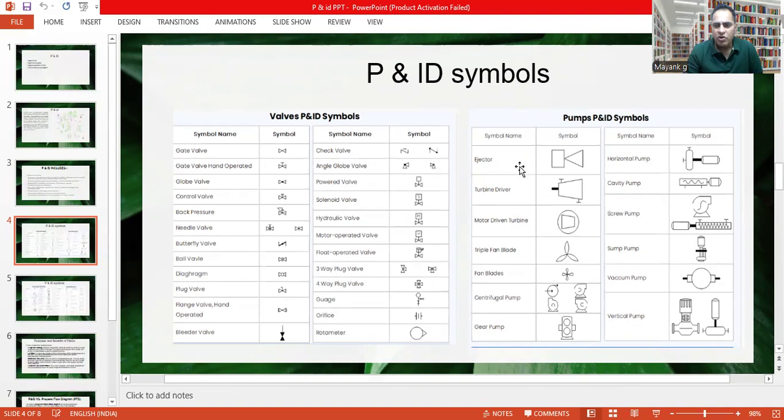Then if we talk about the pumps, then we have ejector pump, turbine drivers, motor driven turbine. Then we have the centrifugal pumps, gear pumps, horizontal pumps, any cavity pumps, screw pumps, the sump pumps, vacuum pumps, and vertical pumps. So these are some of the basic standard symbols for the valves and the pumps that are shown in any PNID.